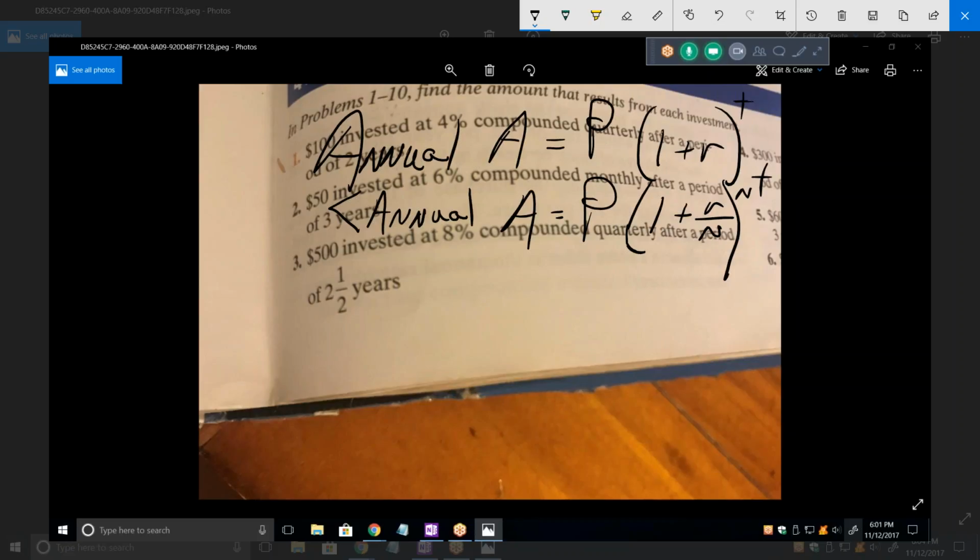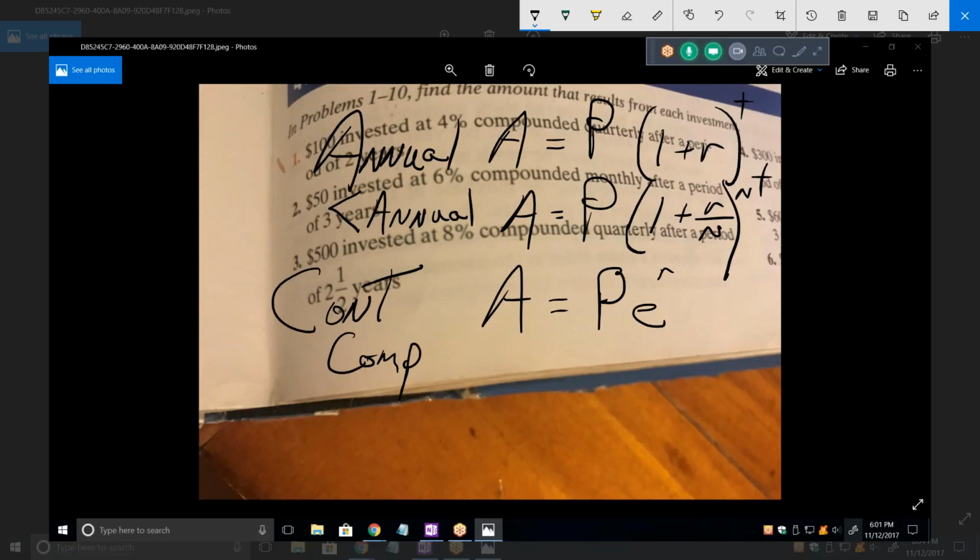And then finally, there's continuous compounding, which is what kind of rules nature. Is that the PERT one? Yeah, PERT, with the RT in the exponent, and R is the rate. It's not 1 plus R. If we're dealing with a 5% rate, then R is 0.05.